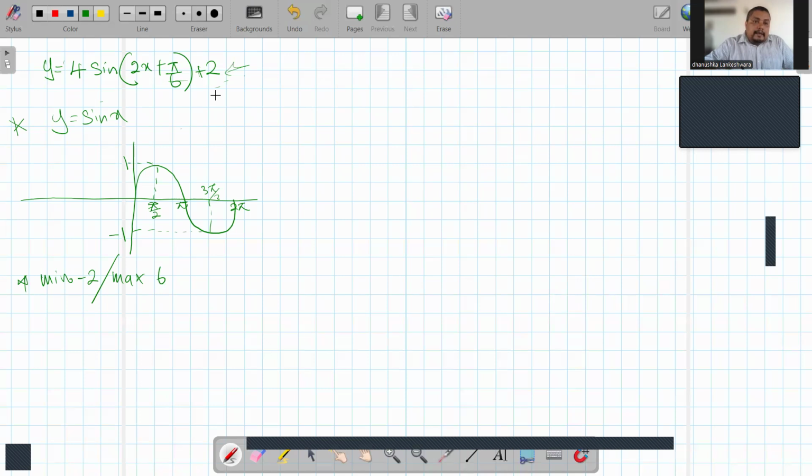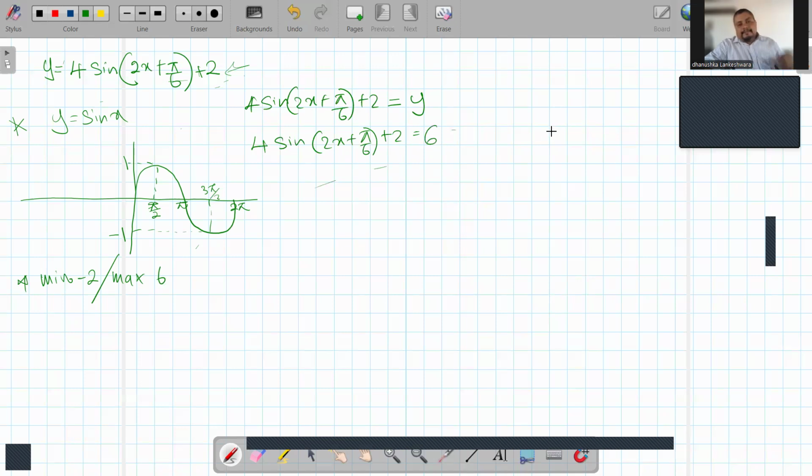If I write the equation, 4 sine 2x plus pi over 6, plus 2 equals y, right? Instead of y, I substitute the maximum y value, 6, right?